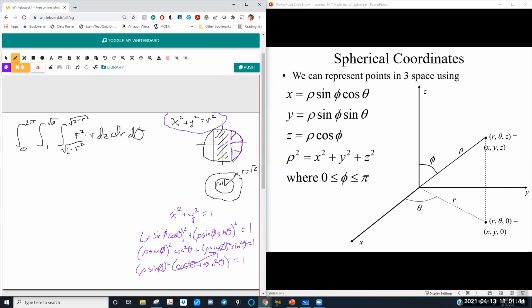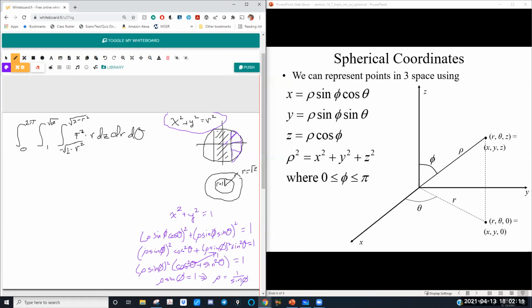We don't need to account for the positive and negative because we'll take care of the negative side with our phi and our theta. So we end up with rho sine phi equals 1. And remember what we were looking for, a limit on rho. So solving this for rho, I get rho equals 1 over sine phi.